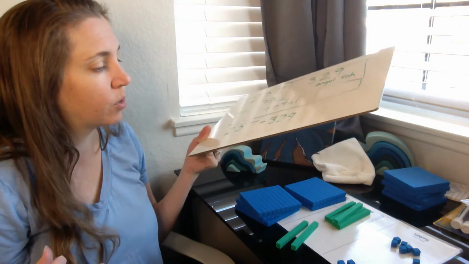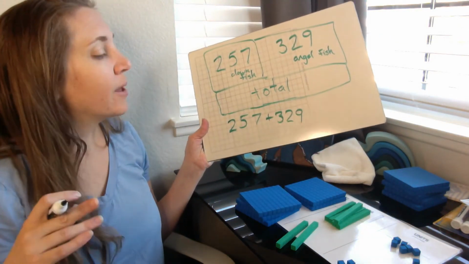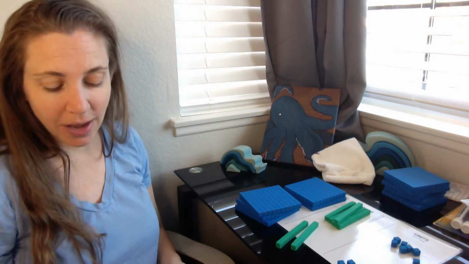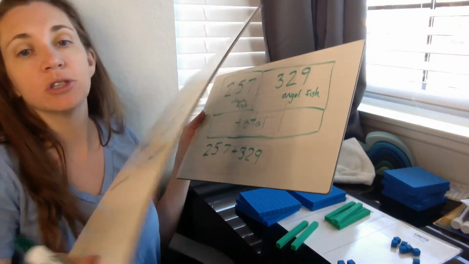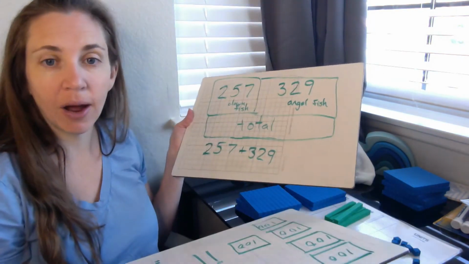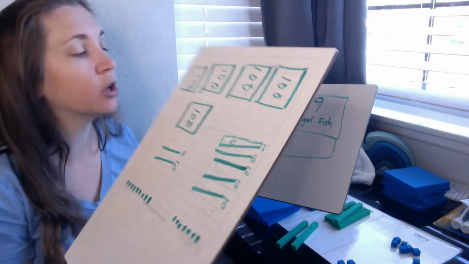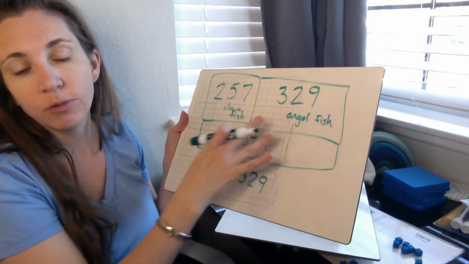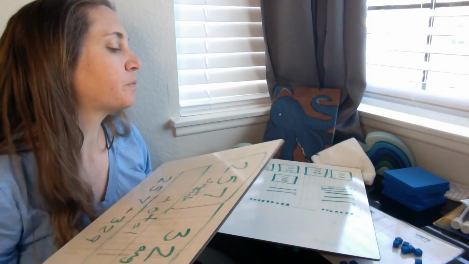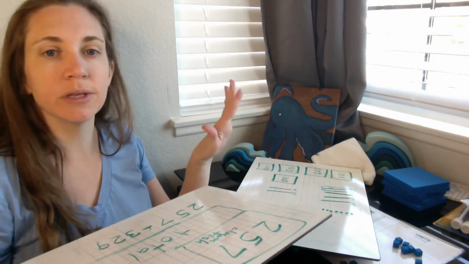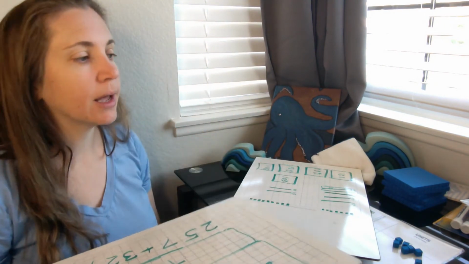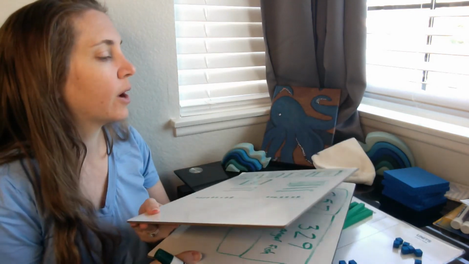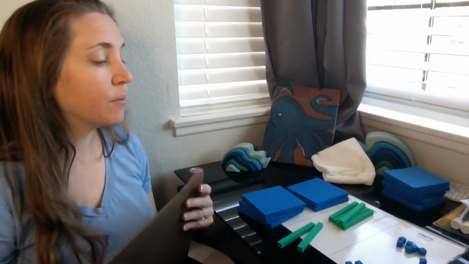That's good when they get more proficient. They might also get to a point where you can tell them this story and they can just draw a pictorial of some kind, whether it's drawing it out, what would we be grabbing if we were using base 10 blocks, what would that look like, drawing it out in a more abstract version of a pictorial, drawing out the circles like I showed before, 257, 329, what is that all together, right?